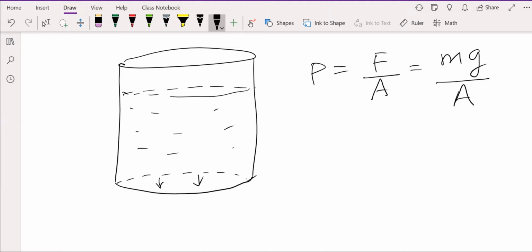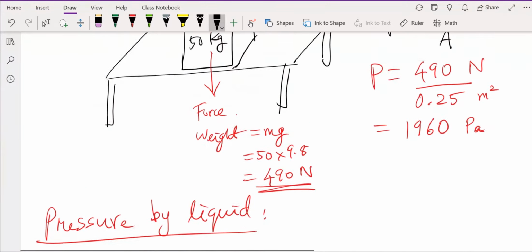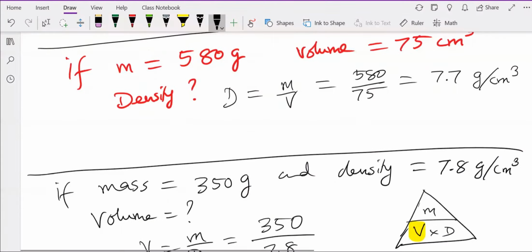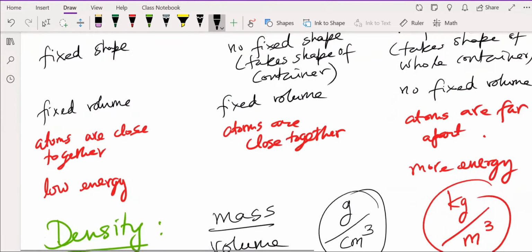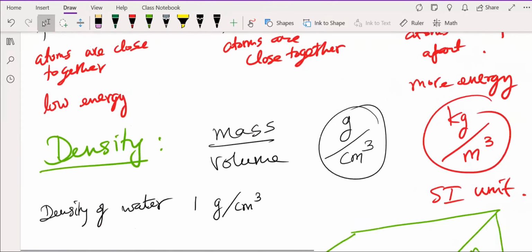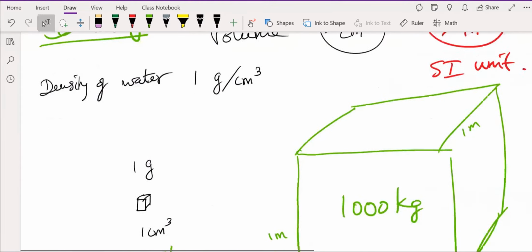Now the density of this liquid, I don't have to say it's water, it can be anything. The density is given by a symbol called rho. Now I've not used rho as the density symbol when I taught you densities. Let me write that down. See, I wrote density as D maybe.